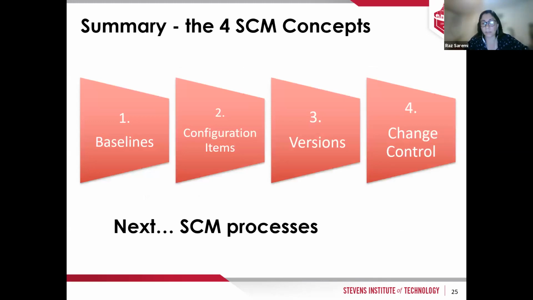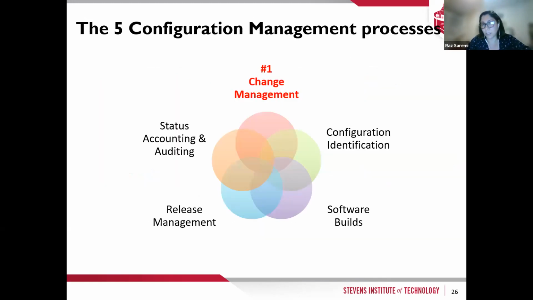Then, okay, the summary we just did. Then we have a management process. In management process, we have change management, configuration identification, software build, release management, and status accounting. What do we mean by change management? Is it something that's very similar to change control, just like a formal process to make sure that changes can be approved or denied?